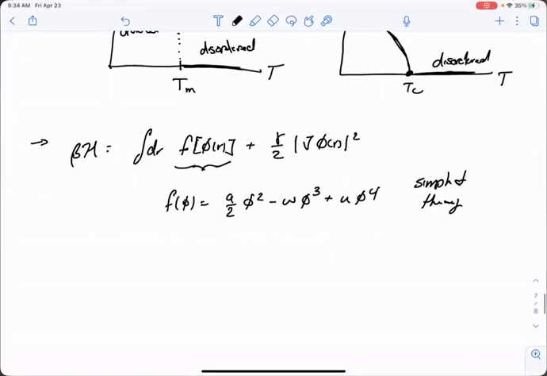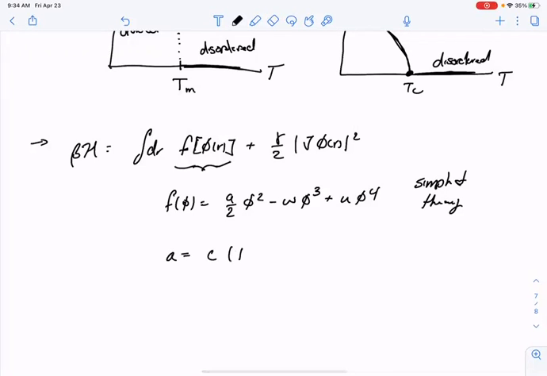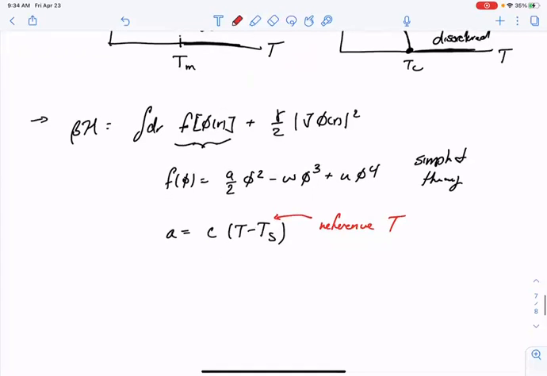If we're trying to describe a temperature-driven first order transition, we can take that linear or that quadratic coefficient A and provide it with a temperature dependence about some reference temperature Ts. And assume that all of these coefficients, C, W, U, and gamma, are all positive.